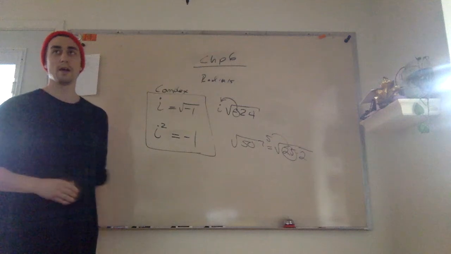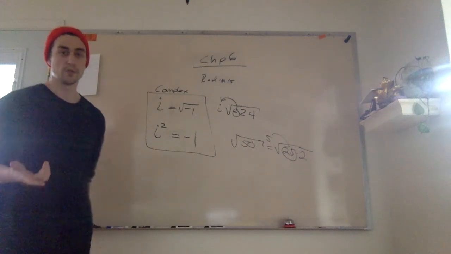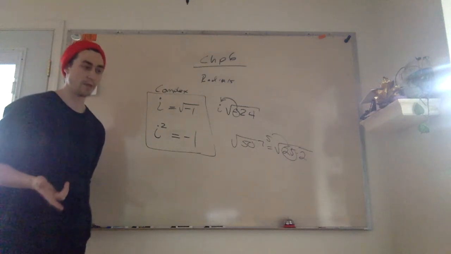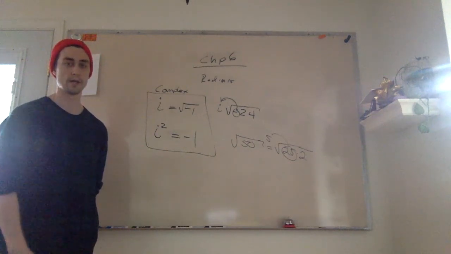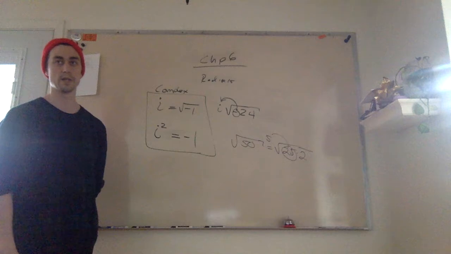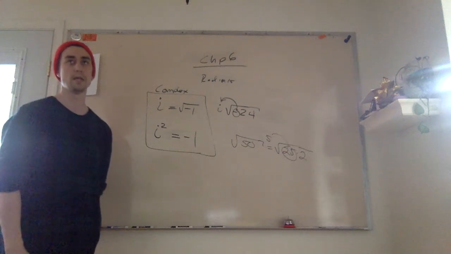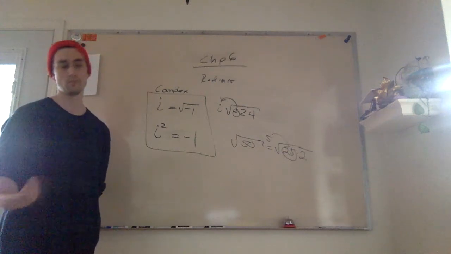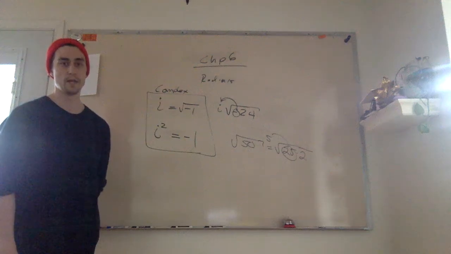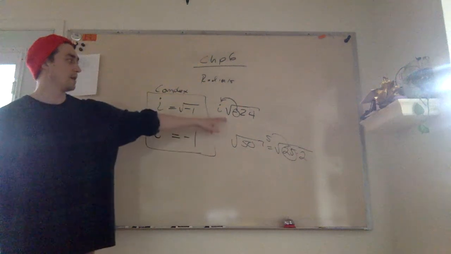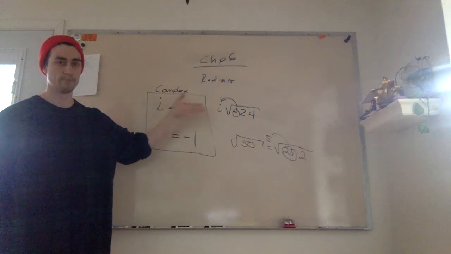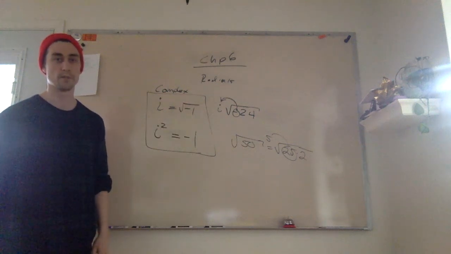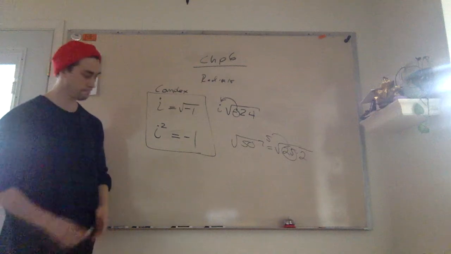And if you really are interested and super want to dive into complex numbers and the reasoning behind it, you should for sure. But as far as what you're going to need to be able to do in Math 105 and even Math 151 is simplifying negative square roots, just like this. So that's what I would focus on, practically speaking, if I were you.